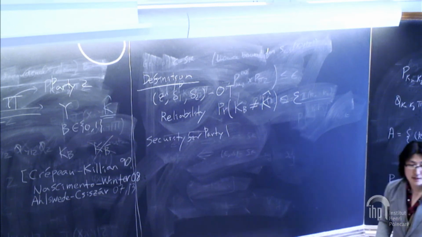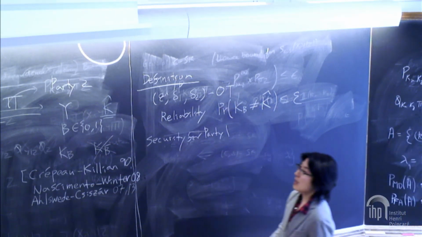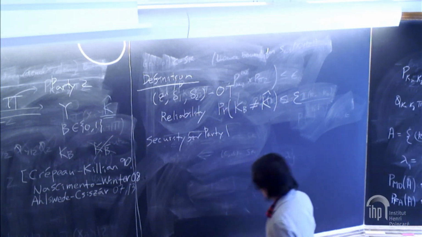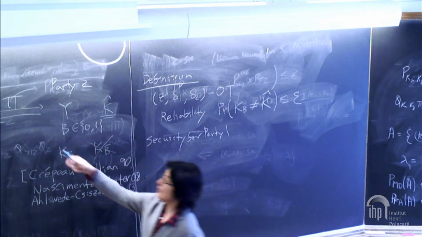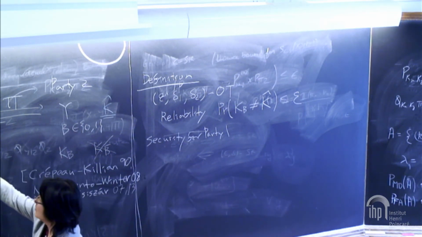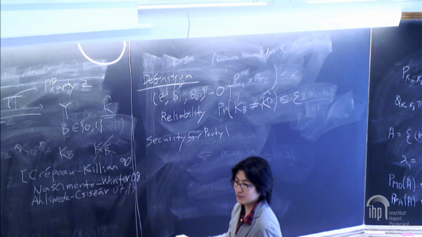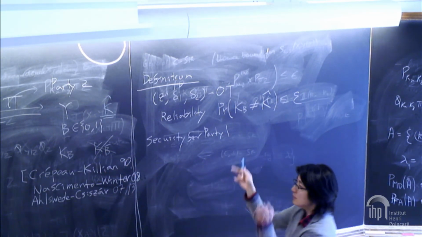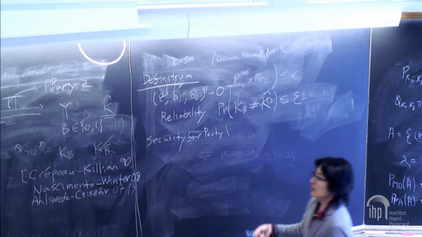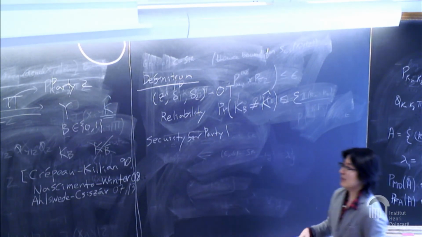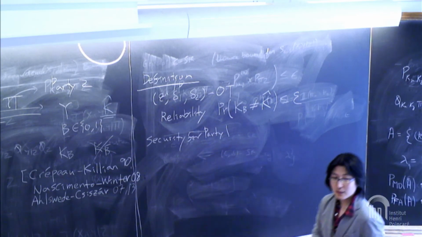X and Y are independent of everything, K0, K1. So this resource X and Y are independent of K0, K1, and B. They have some independent resource, and they implement oblivious transfer by communication.